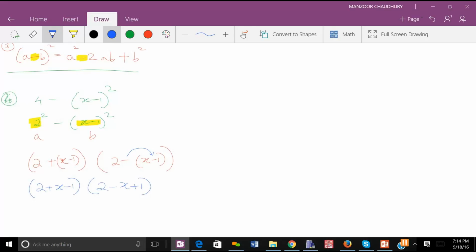Does it make sense? This will be x plus 1. And this will be 3 minus x. So you just did the 2 plus 1, and then minus. Make sure you understand what you did and why. You see why?